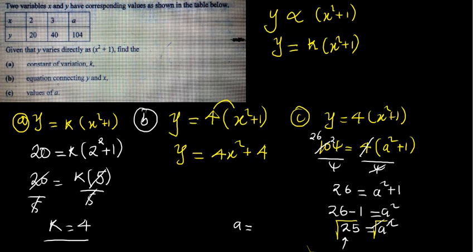Is it possible first to multiply 4 by a squared and 4 by 1? After we added the value, 104 equals 4 open brackets a squared plus 1, and then we multiply 4 by a squared and 4 by 1.